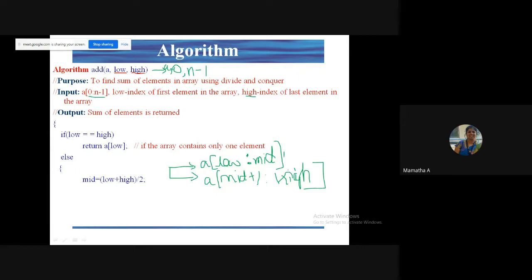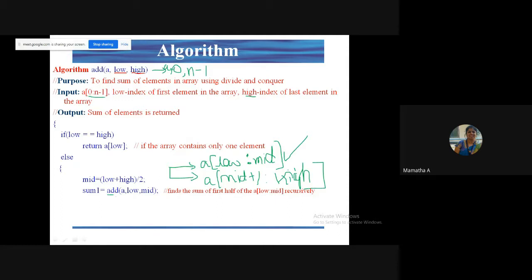I should get the sum of my first part, the first subproblem. So I should call the function recursively, as you all know. What should I now pass to the function add to solve the first subproblem? A comma low comma mid. Yes. So I will now call the function recursively, add of A comma low comma mid.